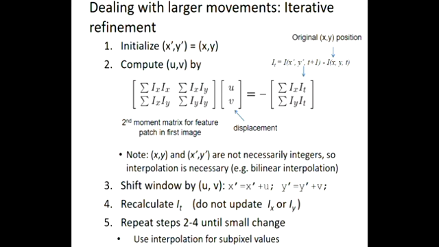You might be tempted to just round off and save yourself the interpolation step. But actually, even an error of a quarter of a pixel can lead to drift over time and cause you to latch onto the wrong point. You can imagine that if a point moves a quarter pixel per frame, but you're just rounding off the values, then eventually you're not going to move your point at all, while eventually the point moves several pixels.